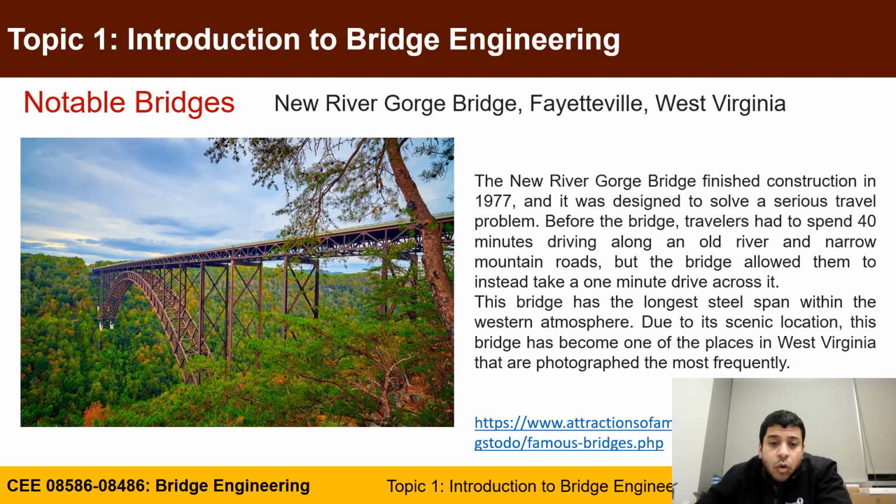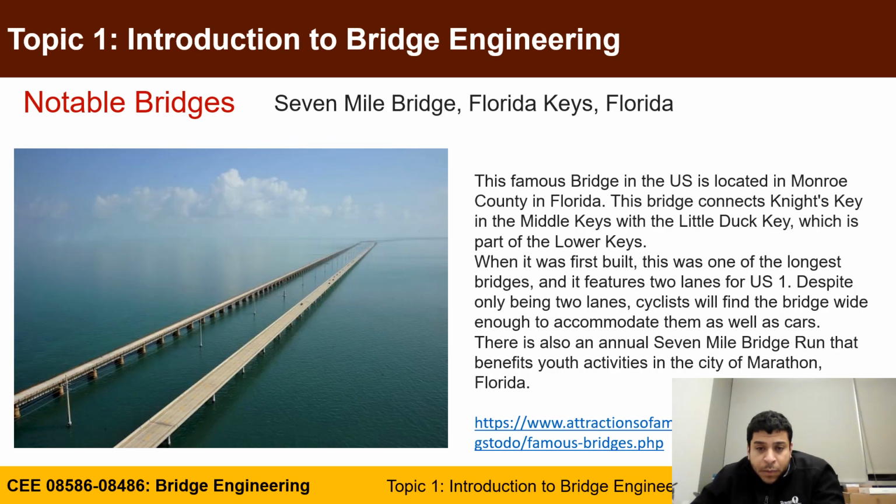There is also the New River Road Bridge in West Virginia, completed in 1977. It was designed to solve commuting and travel problems, where travelers had to spend 40 minutes detouring around the river, which is solved by this bridge.